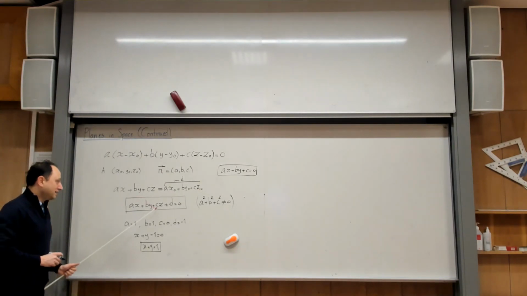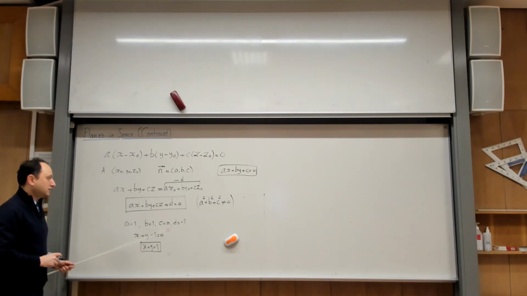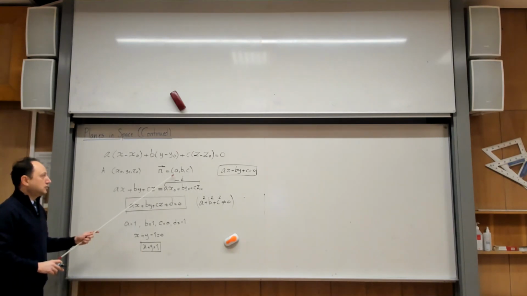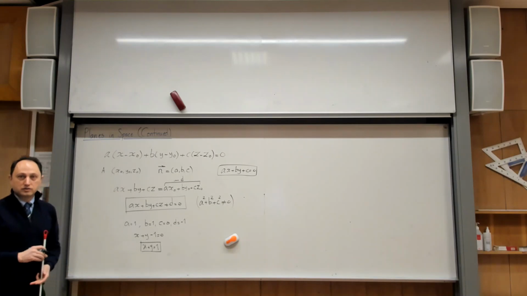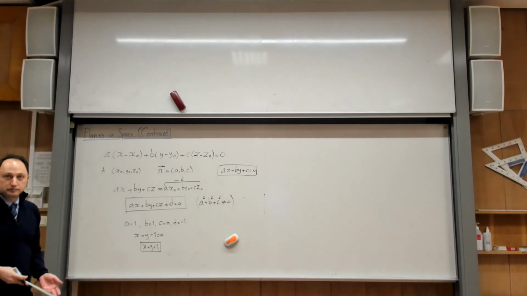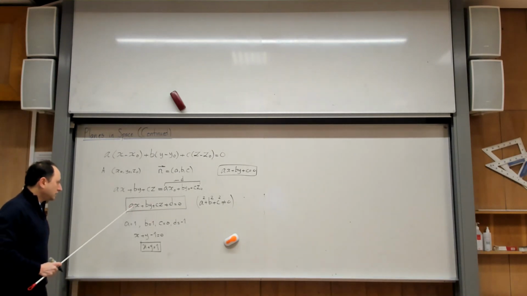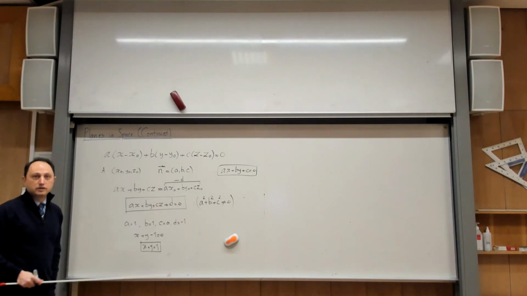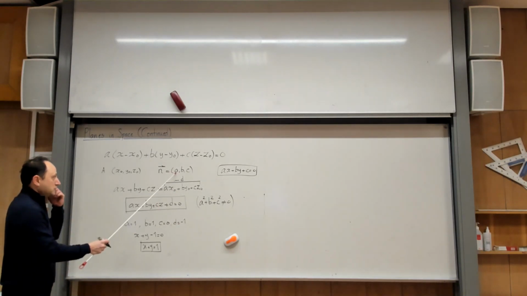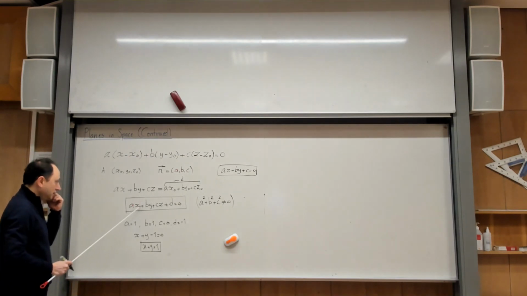By looking at the equation of the plane, you can read at least the components of one of the normal vectors. Yes? And what are they? These are the coefficients of x, y, and z. Yes, because you remember I started with this normal vector. These components appeared here.